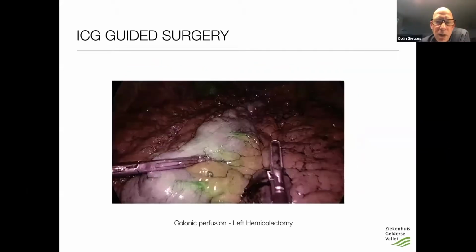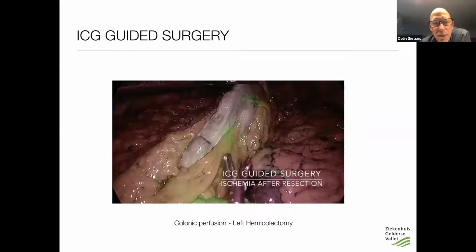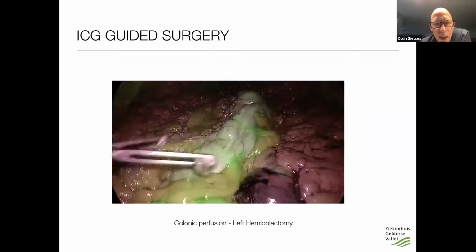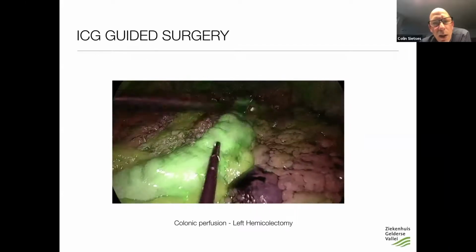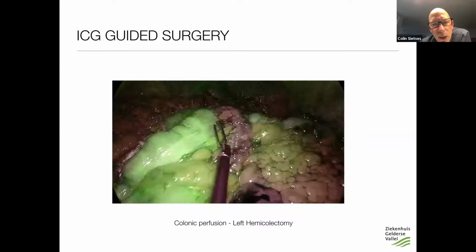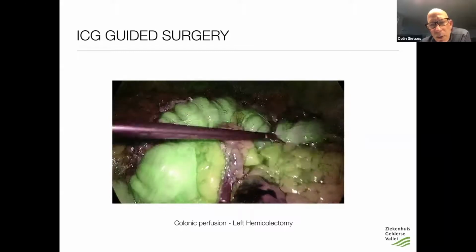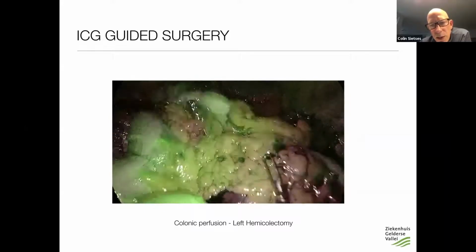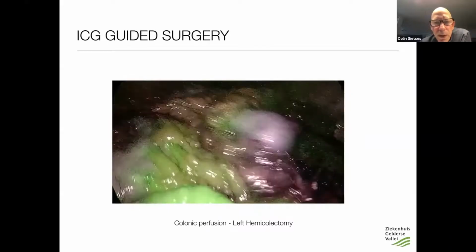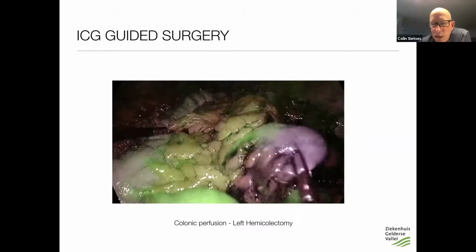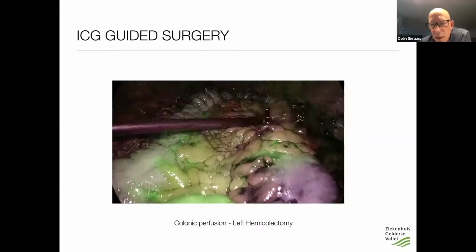This is another example. This is after a left colectomy, and to show you that it's not always vascularized well. In this case, the tip of the specimen wasn't vascularized properly, as you can see here, and we had to remove the last section of the specimen.